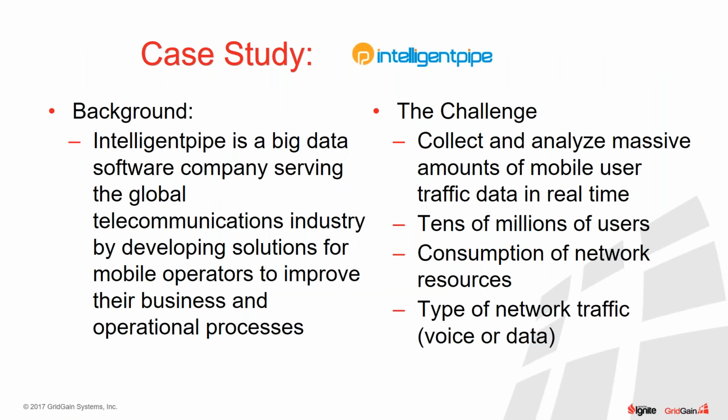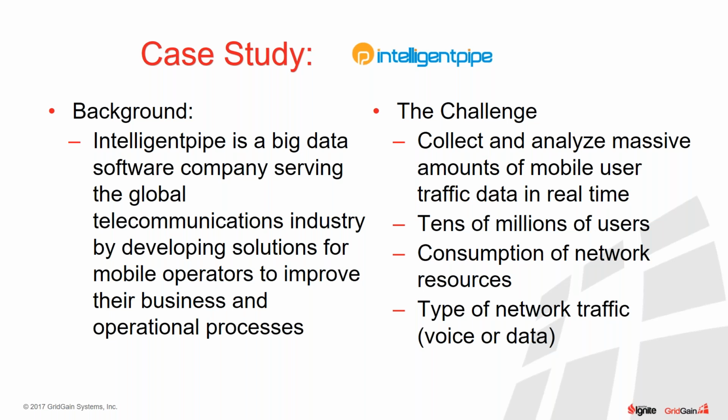Okay, so getting to the meat of things. Our first case study is a company called Intelligent Pipe. They're a big data software company serving the global telecommunications industry. Essentially, Intelligent Pipe monitors devices and networks for telcos.